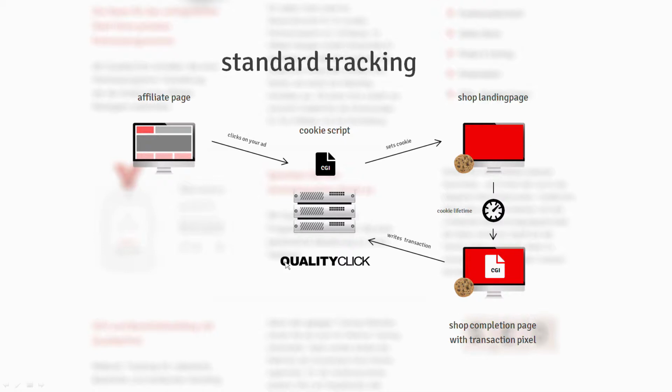So we can check two things. First, the cookie script, the Go CGI, which calls the banner view a click and redirects to your landing page, and the other, the get trans CGI, which will write the transaction in the QualityClick system.